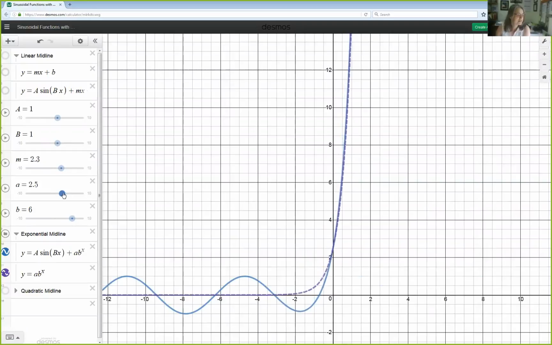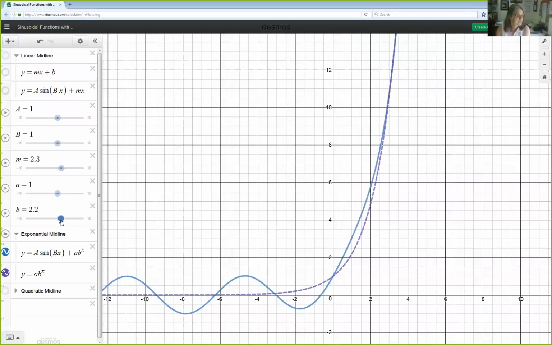So let's look at a midline that is just straight exponential with a multiplier of 2. So this would be sine x plus 2 to the x.